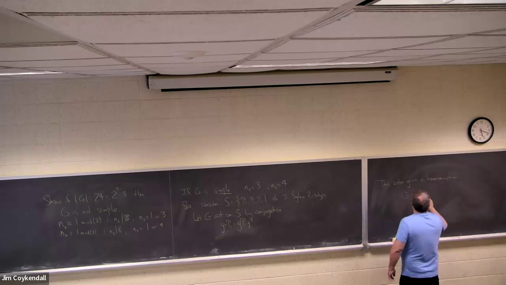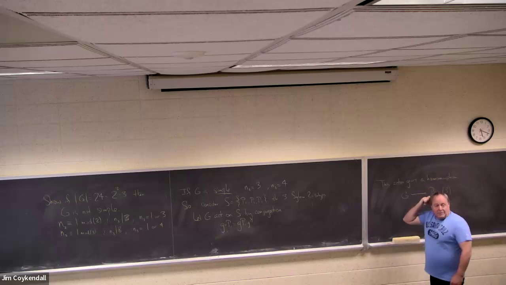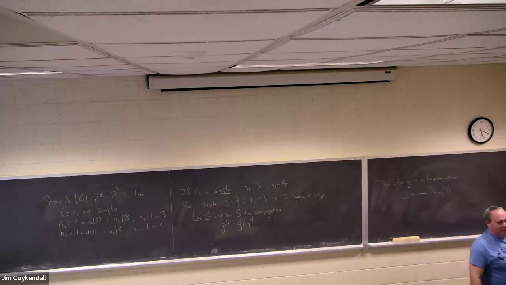That's all you really need to know, because what are the different permutations on a set of 3 things? Is it S3?